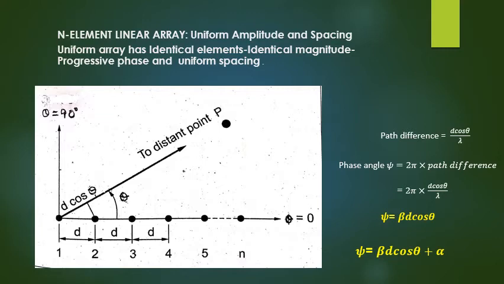So if the phase angle by which the current in source 2 leads the current I1 is some amount alpha, then the phase angle psi is equal to beta d cos theta plus alpha.